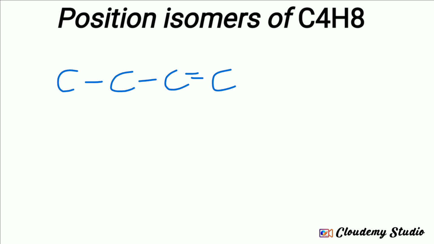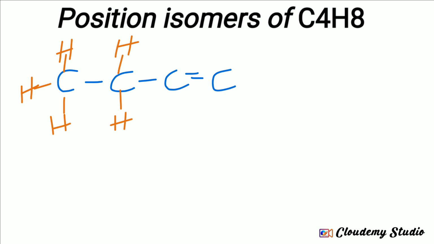So one carbon to carbon double bond is at the extreme right hand side I have mentioned, and remaining bonds we need to display. So this carbon, 3 bonds are required that can be filled with 3 hydrogen atoms, and this carbon atom has 2 bonds already, so 2 bonds are required and that can be filled with 2 hydrogen atoms.